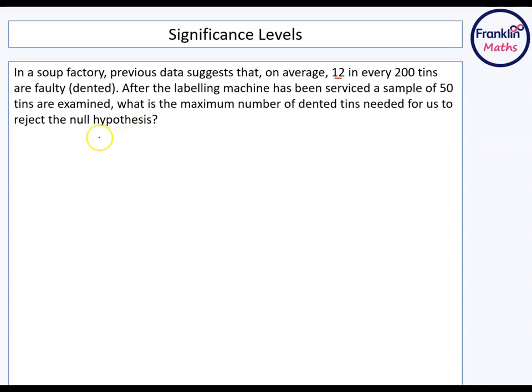So we're going to have x is equal to the number of faulty tins. H0: p is equal to 0.06.